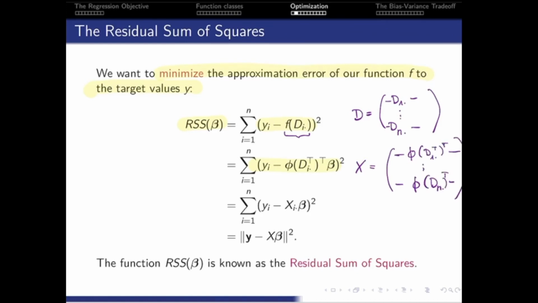And then this here, the value of phi of d_i transposed, is actually the ith row of our matrix X, and then we insert this here, and then we see that this sum over the squares is actually equal to the squared Euclidean norm of the vector y minus X beta. So this defines here our important parameters for the task of regression, which is the regression vector beta, the target value vector y, and the matrix X, which is our design matrix.